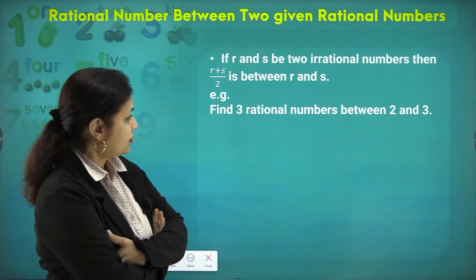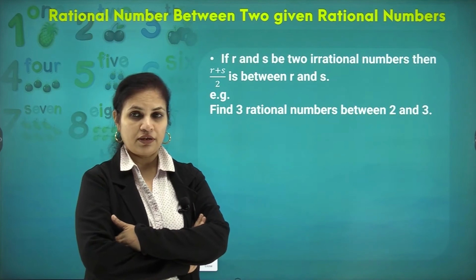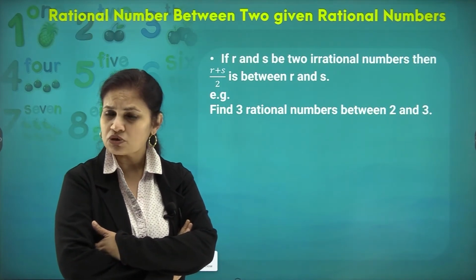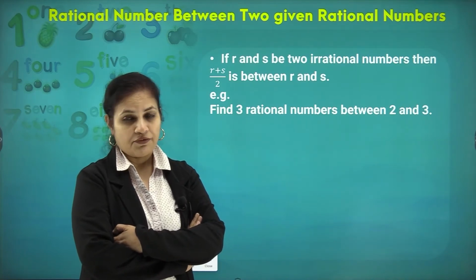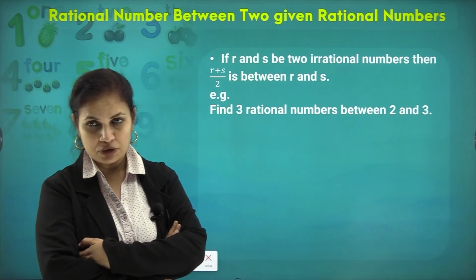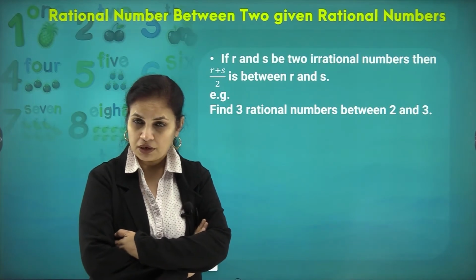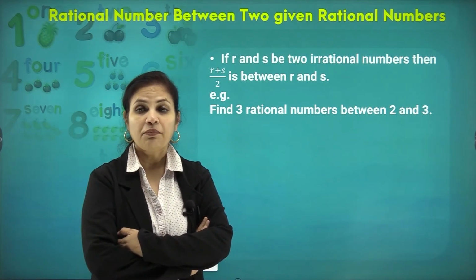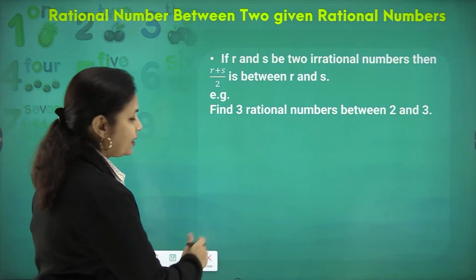Like here, they've asked you to find three rational numbers between 2 and 3. You may ask, I've just told you how to fit one rational number by finding the mean value, but what if I have to find more than one value? Let us do it with the help of a number line first, and then I'll explain the technique.